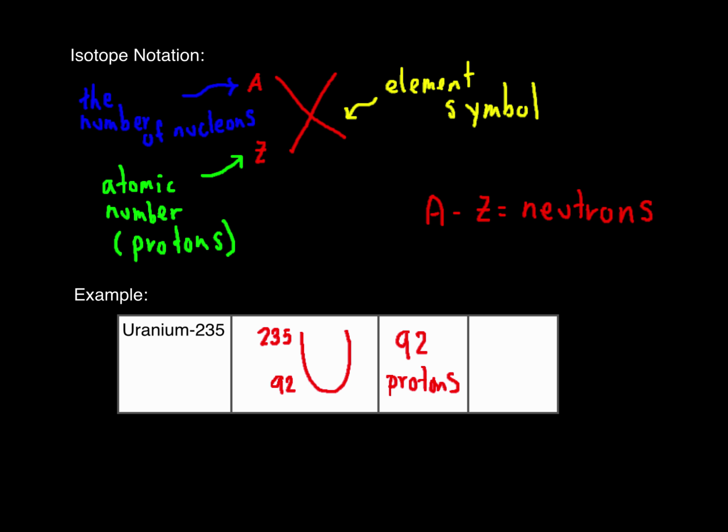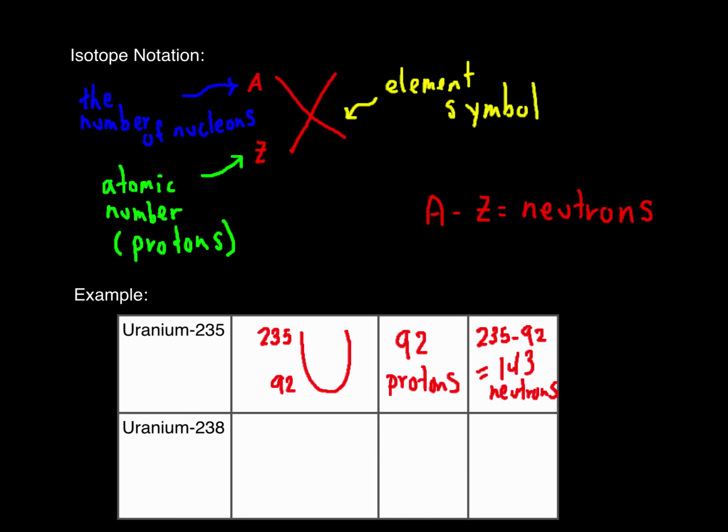The number of neutrons can be calculated. It's 235, the number of nucleons, minus 92, which is the number of protons. This gives us 143 neutrons. Uranium-235 has 143 neutrons. There's another isotope of uranium, uranium-238.